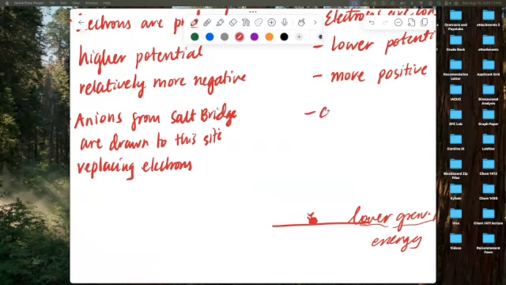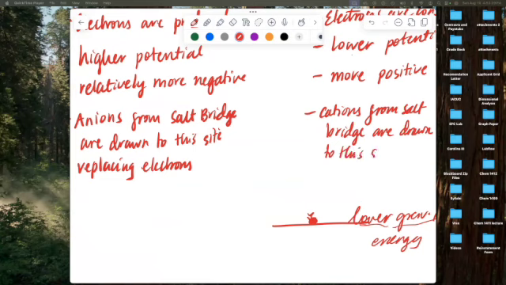And then here you have cations from the salt bridge that are drawn to this site, replacing the cation in solution. Okay.